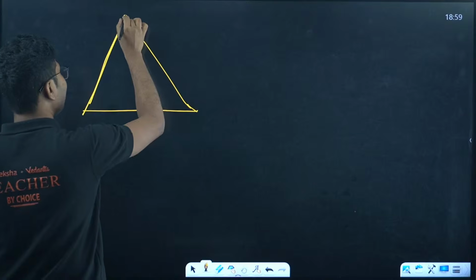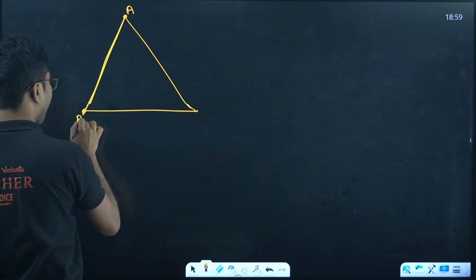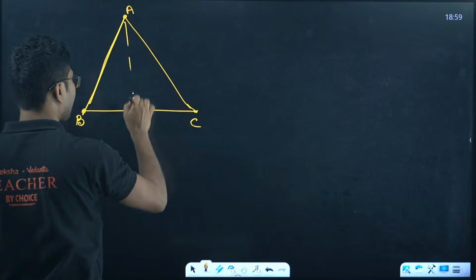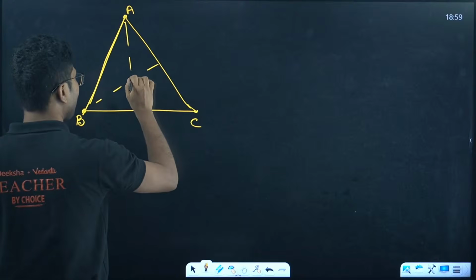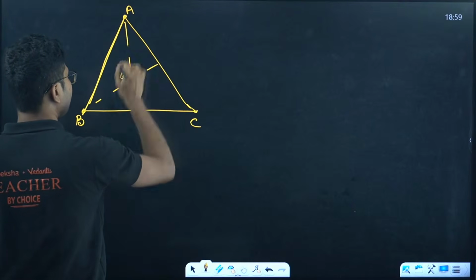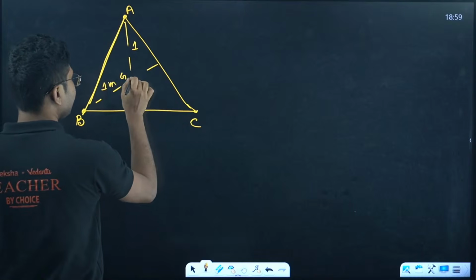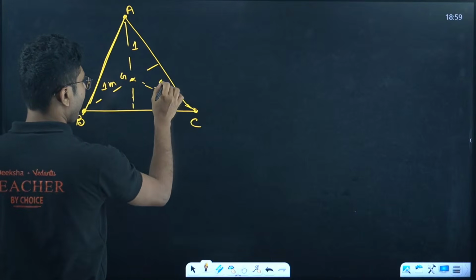Equilateral triangle, this is point A, this is point B, this is point C. The center of the triangle, this is equilateral, so center of mass and center of gravity will be same. So this is the point G. This distance is given 1 meter, this is also given 1 meter, this is also given 1 meter.